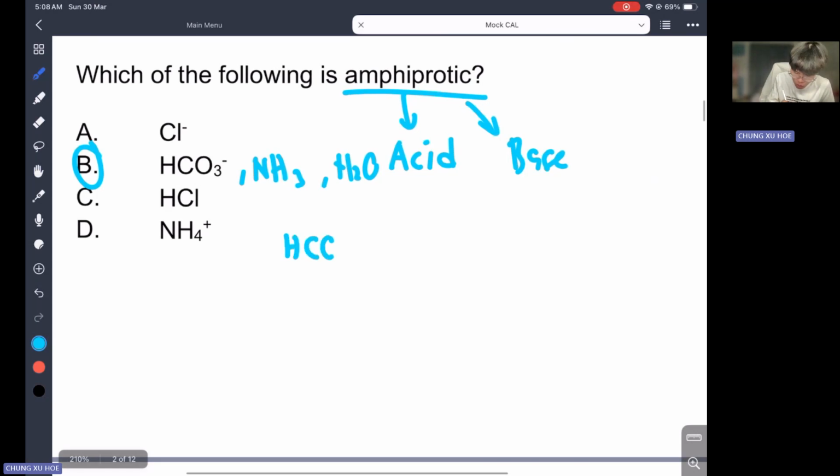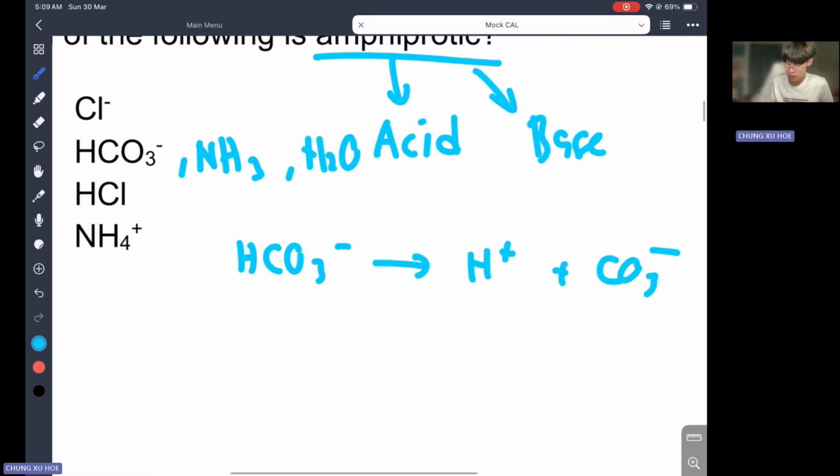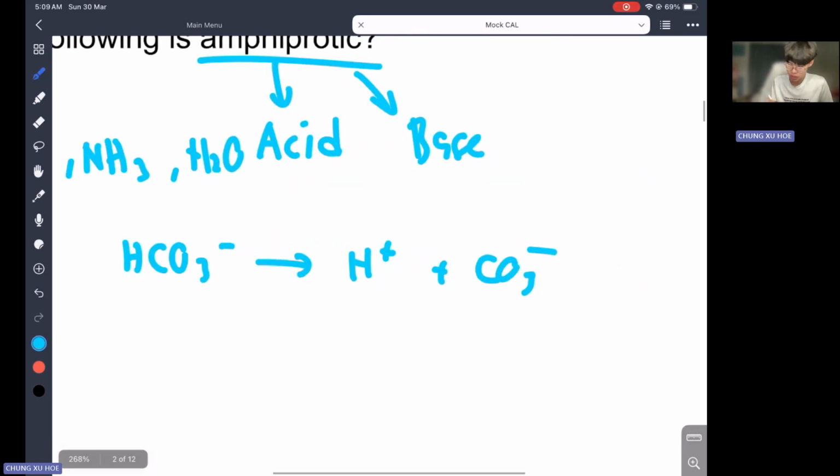So HCO3 minus. If you are acid, you lose hydrogen, right? According to Bronsted-Lowry theory, what happened? H plus and CO3 2 minus. Am I right?